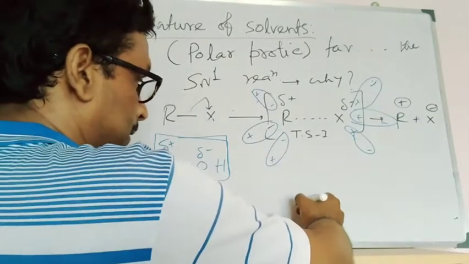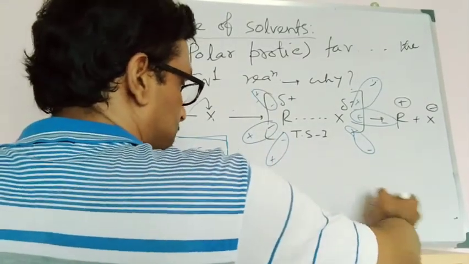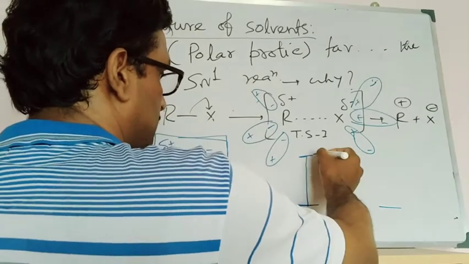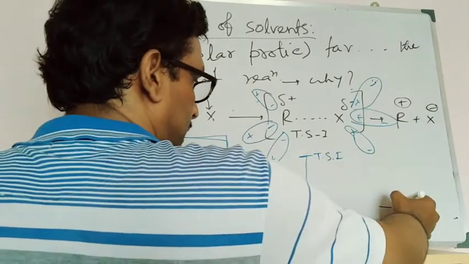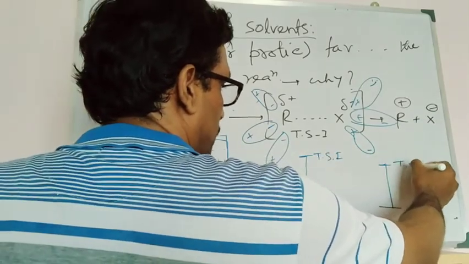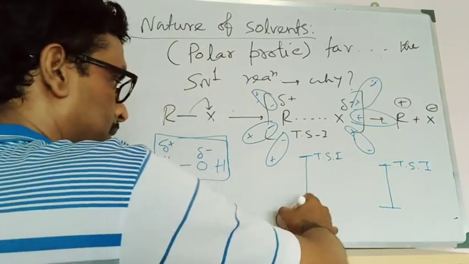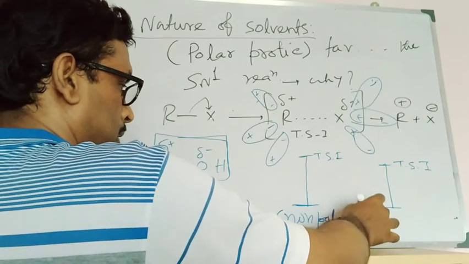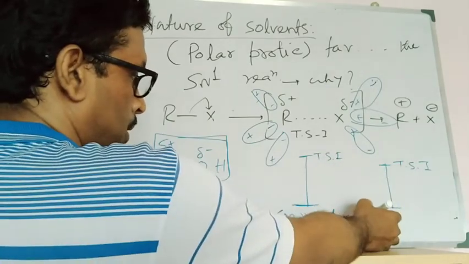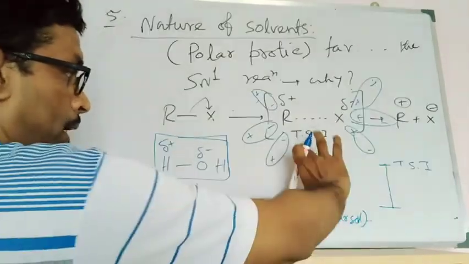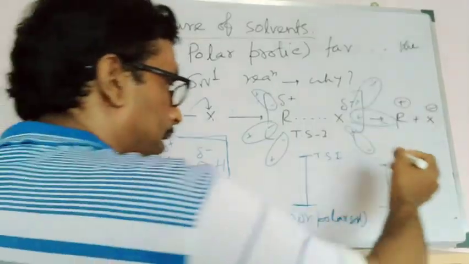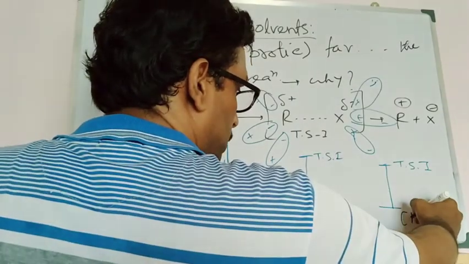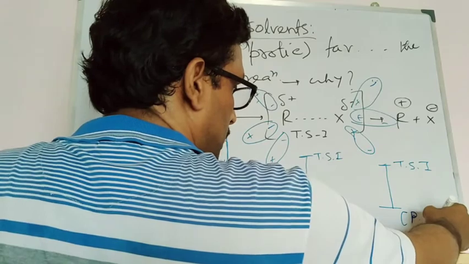So the energy required, that is the substrate, and this one is transition state 1, and in this case is the transition state 1. So this one is in presence of non-polar solvent. In presence of the non-polar solvent, the required amount of energy will be higher, but in this case this will be polar protic solvent.